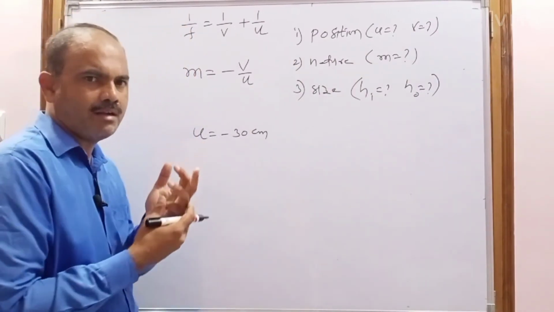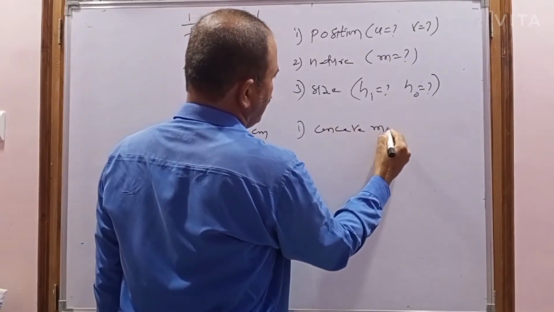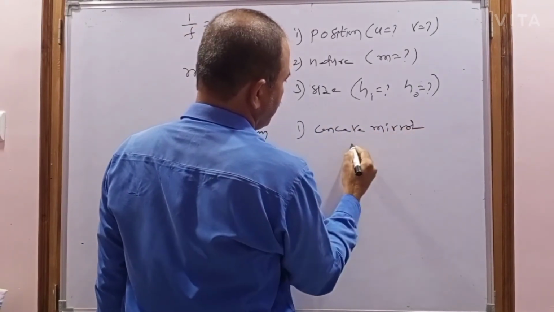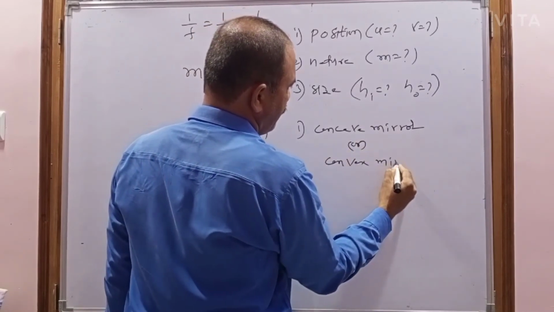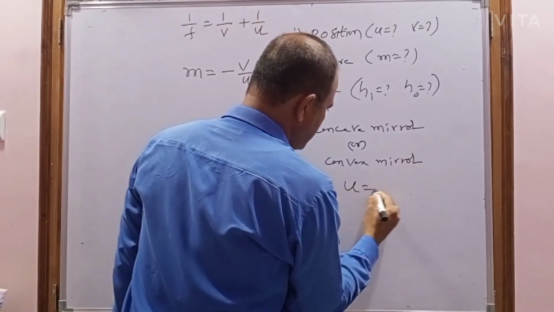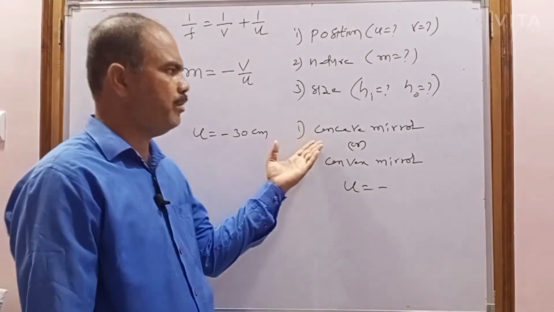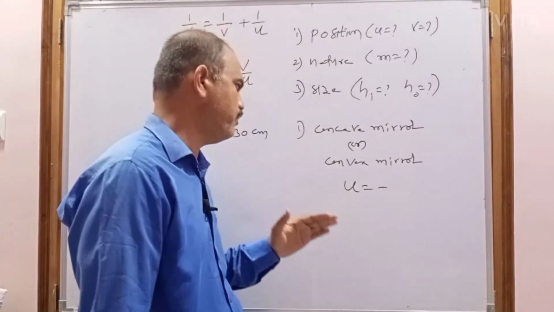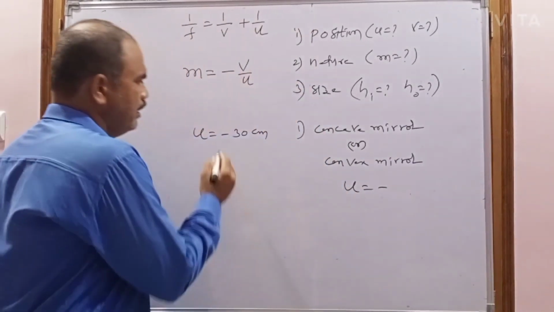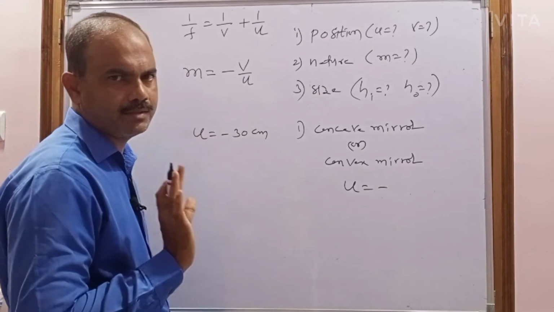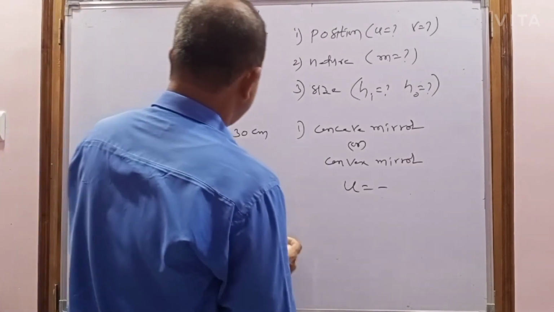Remember, whether it is the concave mirror or convex mirror, the u is always negative. In case of the concave mirror or the convex mirror, when you find the object distance, it will become minus in terms of sign. Remember. And next come to the image distance.